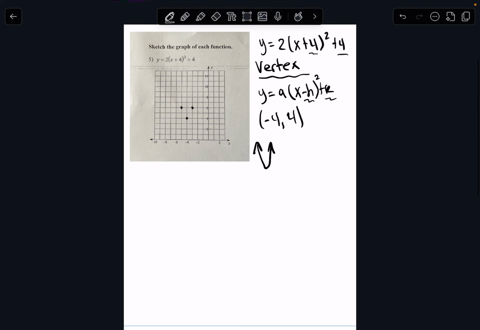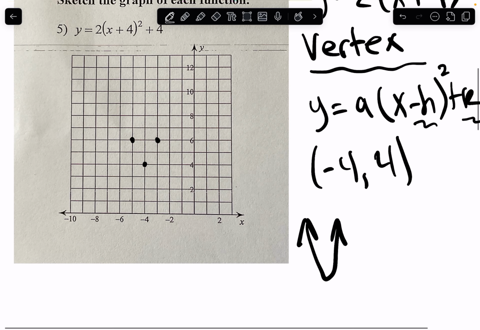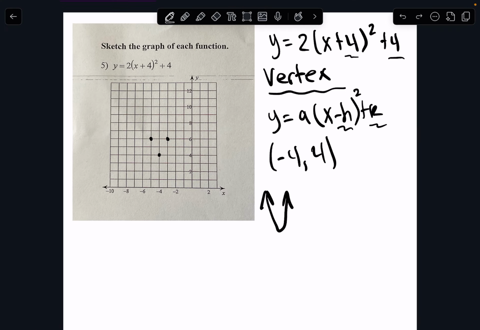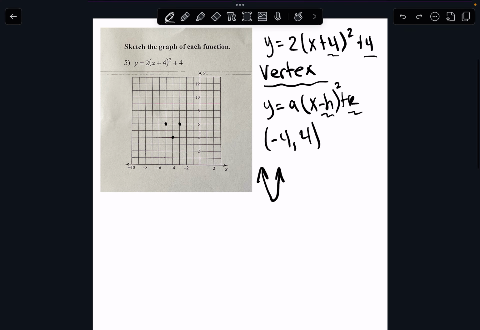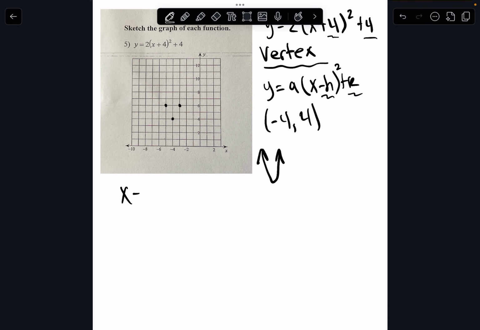So let's take a look on our graph. I'm thinking if we plug in -2, we can get another point right there, somewhere along that line. So if we say x is equal to -2, what is y? We do the exact same thing that we've done the last 2 times. Y equals 2 times (-2 plus 4) squared plus 4.